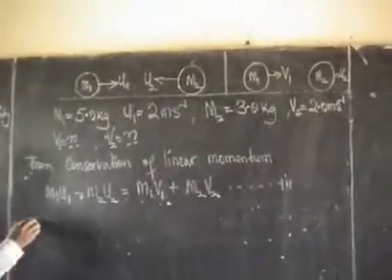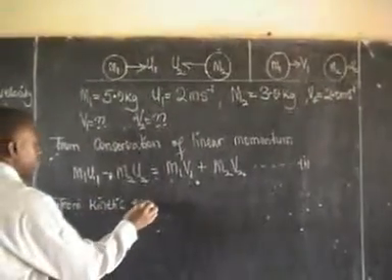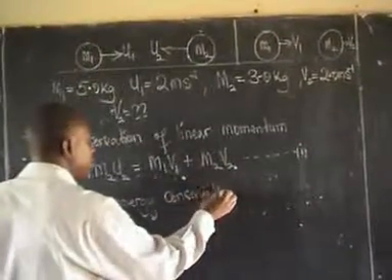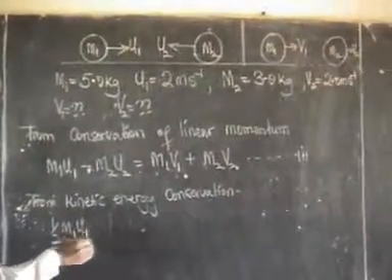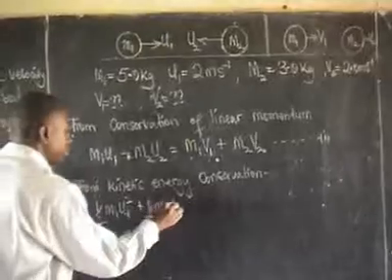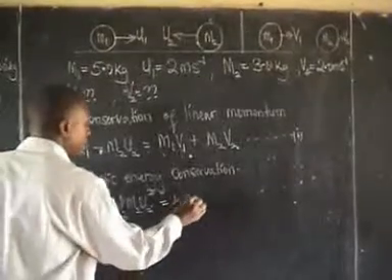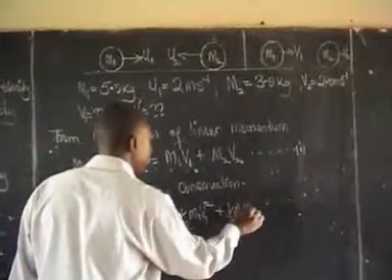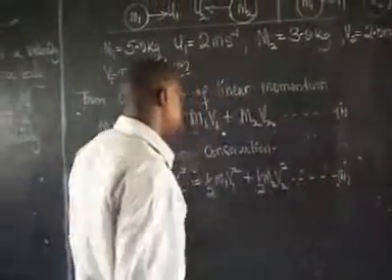Then from kinetic energy conservation, we shall have a half m1 u1 squared plus a half m2 u2 squared is equal to a half m1 v1 squared plus a half m2 v2 squared. So I can call this my second equation.